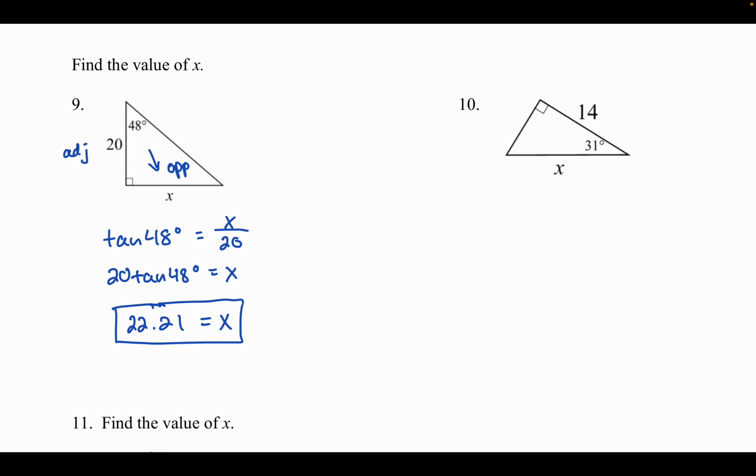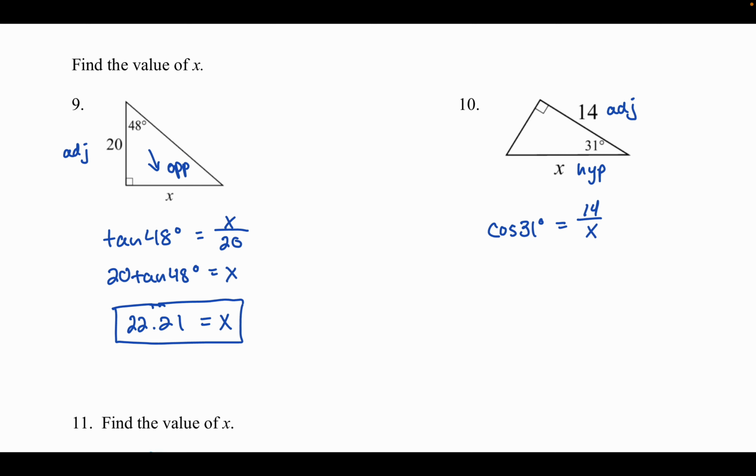For the next triangle, we have a 31-degree angle. The x is actually the hypotenuse of the triangle, and 14 is the adjacent side with respect to that 31-degree angle. So we need a trig function that relates the adjacent and hypotenuse. So that is going to be cosine of 31 degrees. So cosine of 31 degrees is adjacent over hypotenuse, so it's 14 over x.